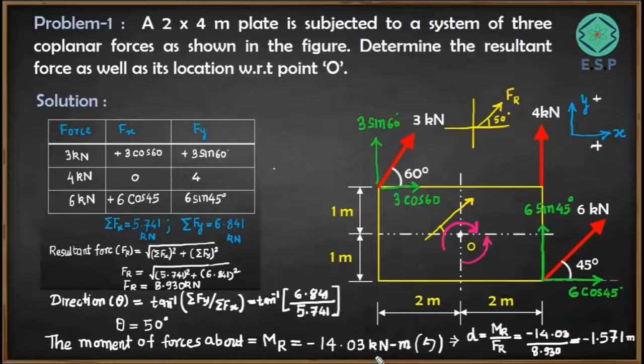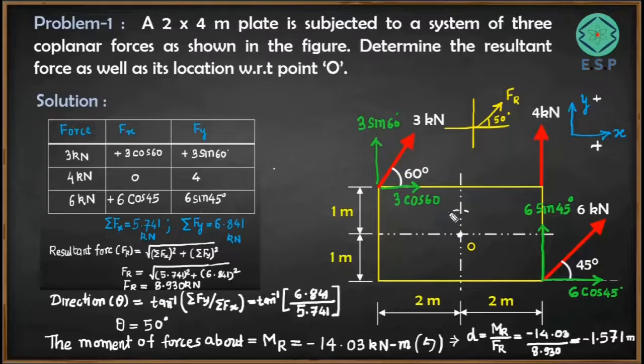So this indicates anti-clockwise rotation of the plate. If I apply force like this, it is not going to rotate in the anti-clockwise direction, so you have to apply the force somewhere like this. If I apply force like this, somewhere here, let's say Fr, at this 50 degrees, you will see that due to this direction of force, your beam is going to rotate in the anti-clockwise sense. So this is the correct way of understanding.